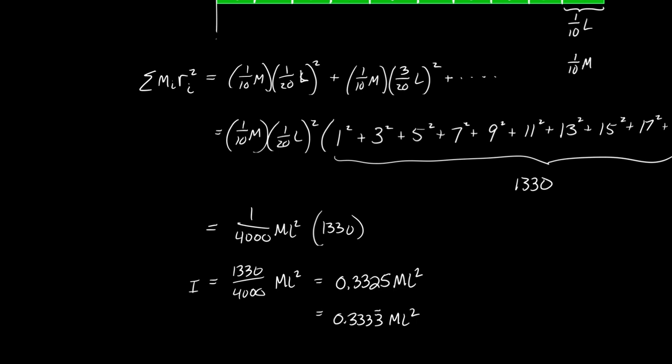Down to the fourth decimal place. I would assume that if we did 20 pieces instead of 10, it'd get even closer. And this is doing infinite number of pieces. This is what we got by just doing 10 pieces.